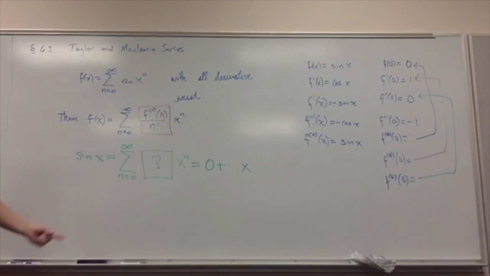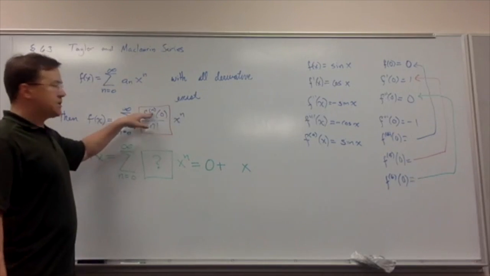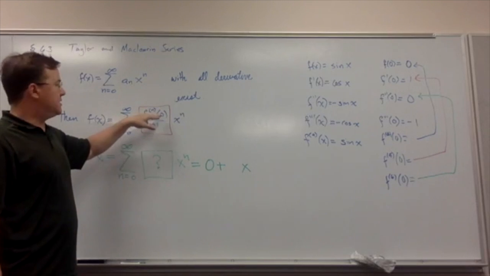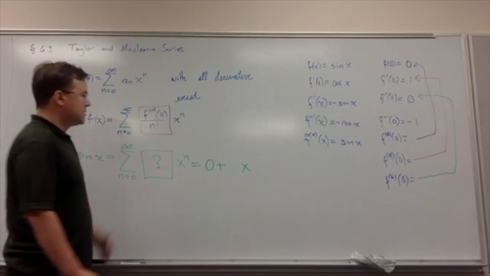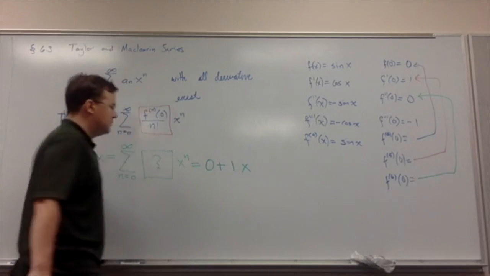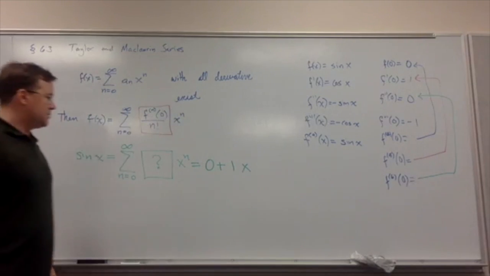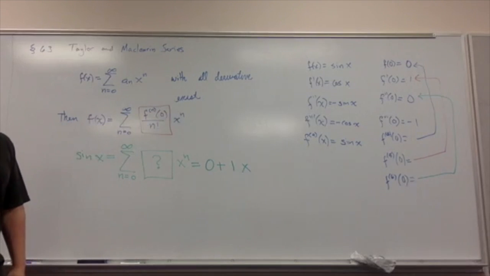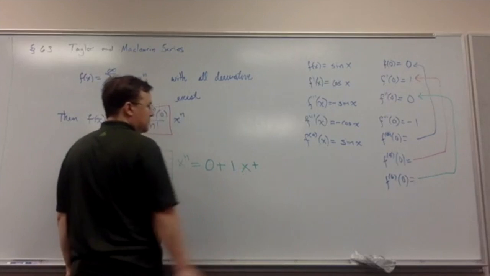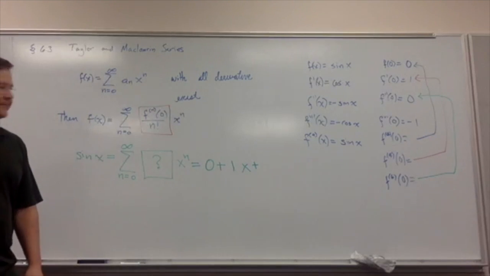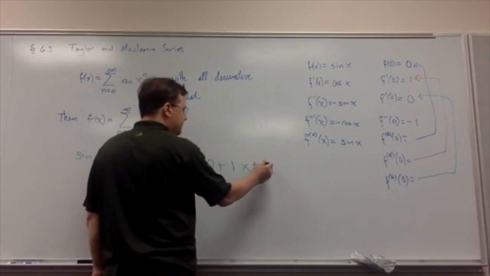The first derivative evaluated at 0 is 1, divided by 1 factorial, so it's going to be 1. I'll just put 1x. The next one is 0 over 2 factorial.